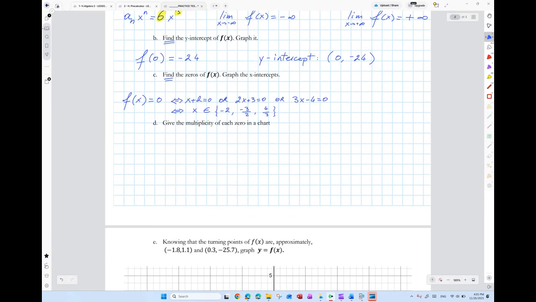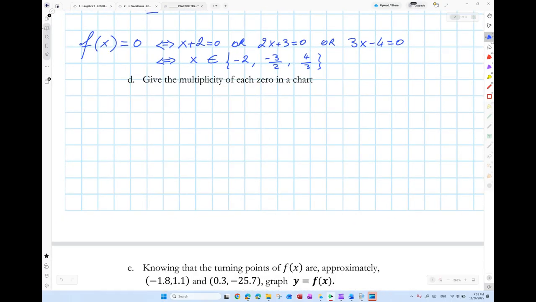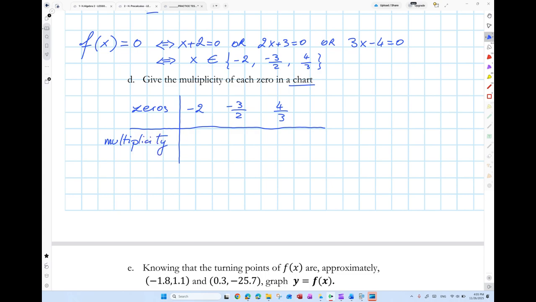Now, give the multiplicity of each zero in a chart. So I'm going to list the zeros in that row. Negative 2, negative 3/2, and 4/3. And I'm going to list the multiplicity of each corresponding zero right there.